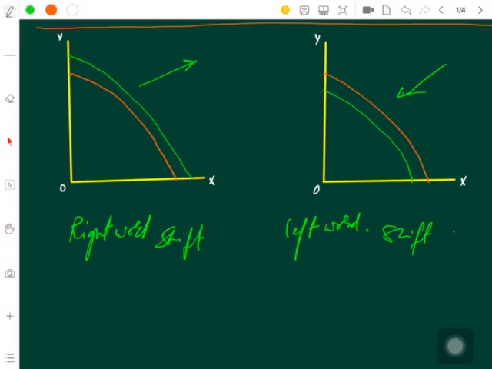leftward shift taking place? The production possibility curve represents various combinations of two goods, as we know, which can be produced with full and efficient utilization of given resources. Clearly, the production possibility curve can shift. It can shift in many cases. Let us take the rightward shift first. Why is it taking place?